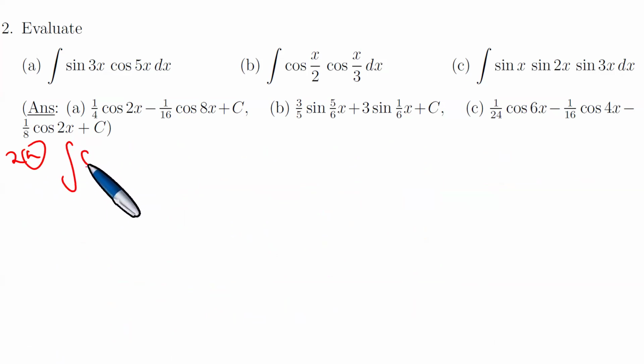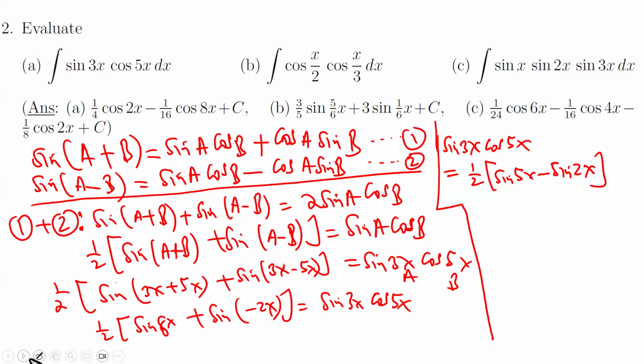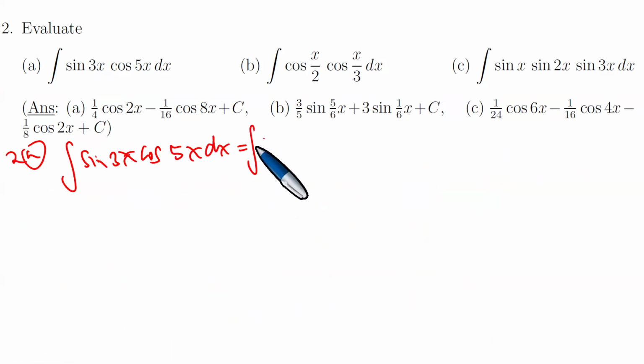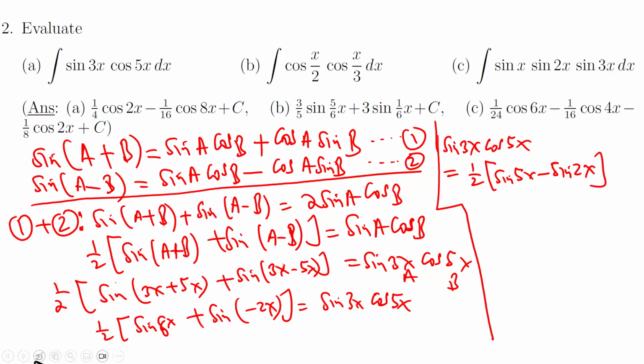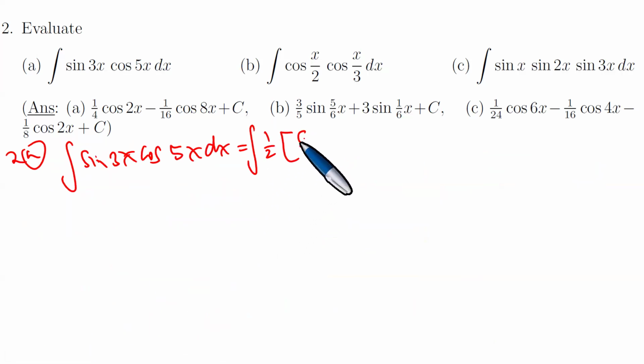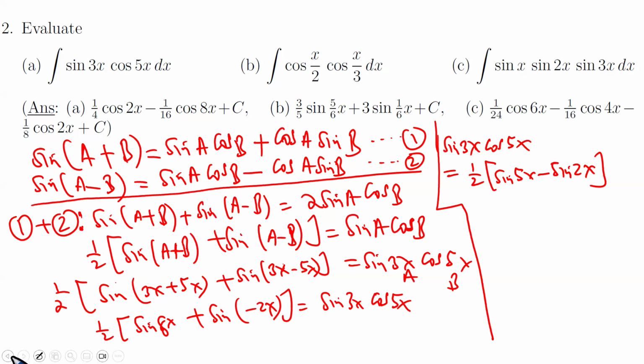We have the integral of the sine of 3x cosine 5x. It's 1/2. You add the angles up and then you subtract the angles.